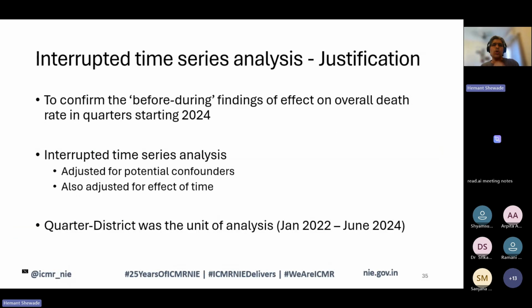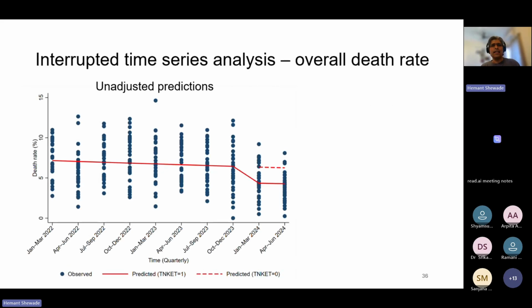Therefore, we did something called an interrupted time series analysis. In the interrupted time series analysis, we wanted to confirm that this reduction that we see in the year 2024 was a significant reduction attributable to TN-KET, or whether it was possibly because of changes in patient characteristics, or just a reflection of a secular trend of reduction in TB death rate.